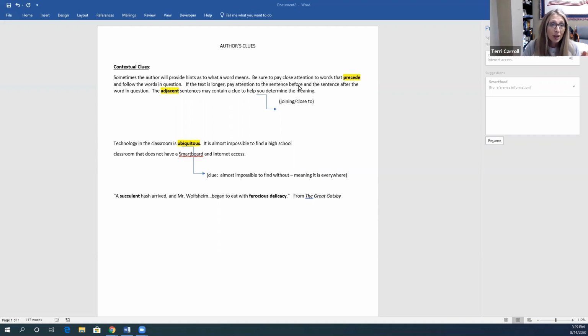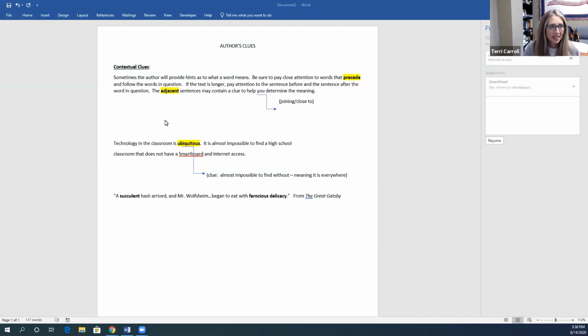So we know that that would mean the sentence is close to, or the sentences that are joining. So by that we can take a context clue that adjacent means close to or joining. So those sentences that are before and after the word in question. Okay, so again, context clues that the author gave us to have an understanding of the words precede and adjacent.